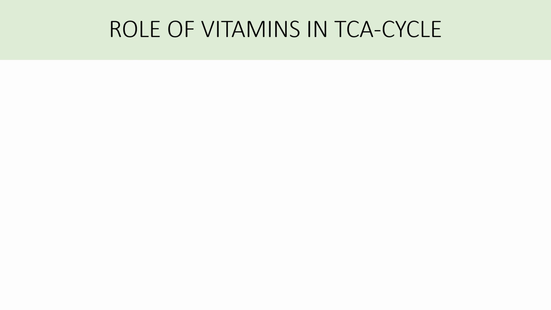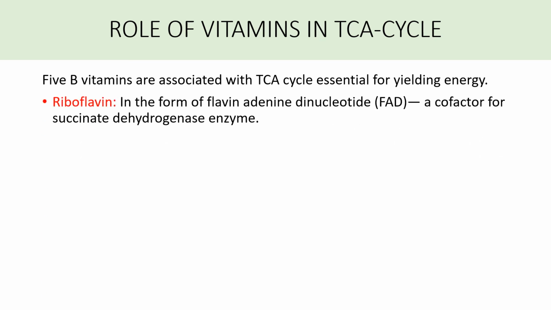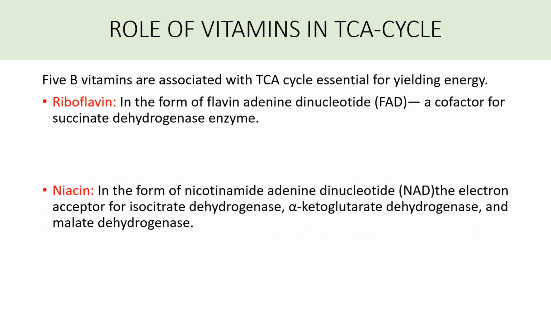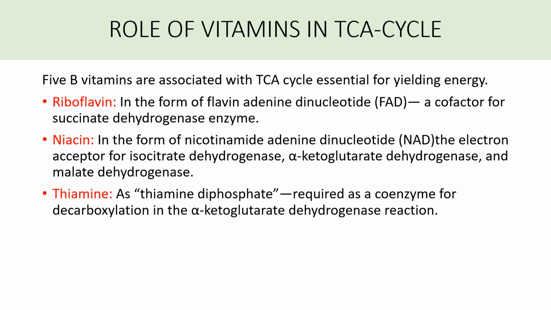Role of vitamins in TCA cycle. Five B vitamins are associated with TCA cycle essentially for yielding energy. Number one is riboflavin in the form of flavin adenine dinucleotide, FAD, a cofactor for succinate dehydrogenase enzyme. Niacin in the form of nicotinamide adenine dinucleotide, NAD, the electron acceptor for isocitrate dehydrogenase, alpha ketoglutarate dehydrogenase, and malate dehydrogenase.